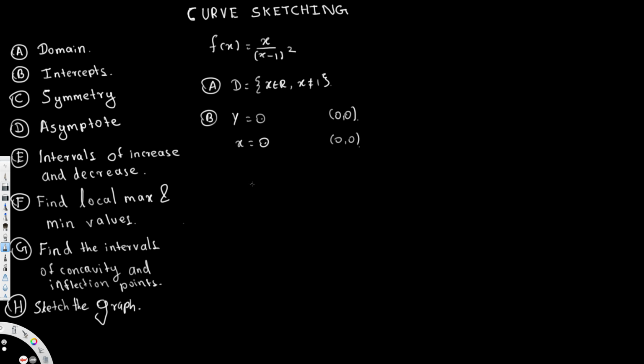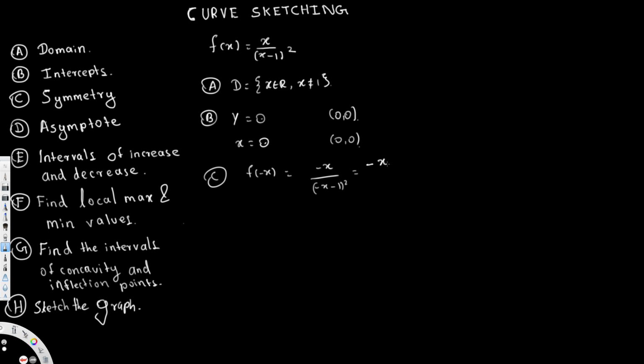Then we have to find the symmetry, whether it is symmetrical or not. To find symmetry, we have to set f of minus x and find the values. If I set f of minus x, this will become minus x over minus x minus 1 squared. If you square any negative number, that becomes positive.